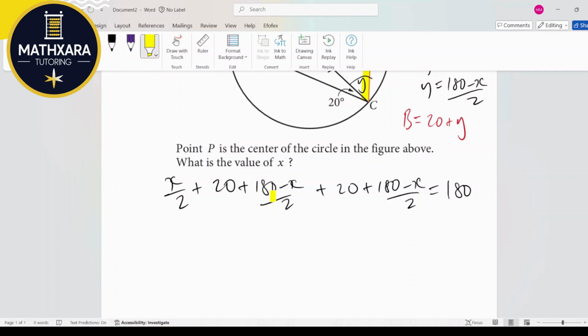But if you notice, (180 minus x) over 2 and (180 minus x) over 2 gives us a whole 180 minus x. So I could write x over 2, plus 180 minus x, and then 20 plus 20, that's just 40. And that's 180 degrees.